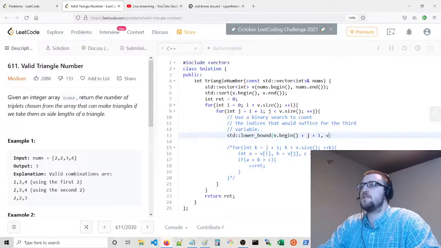To v.end. And it's going to be A plus B minus 1.